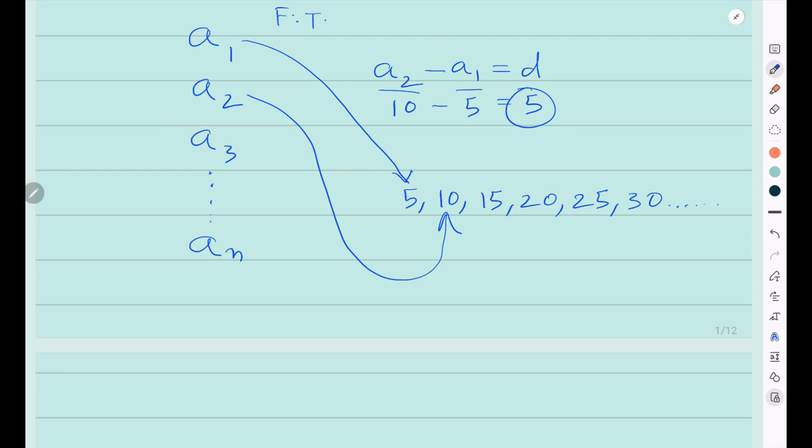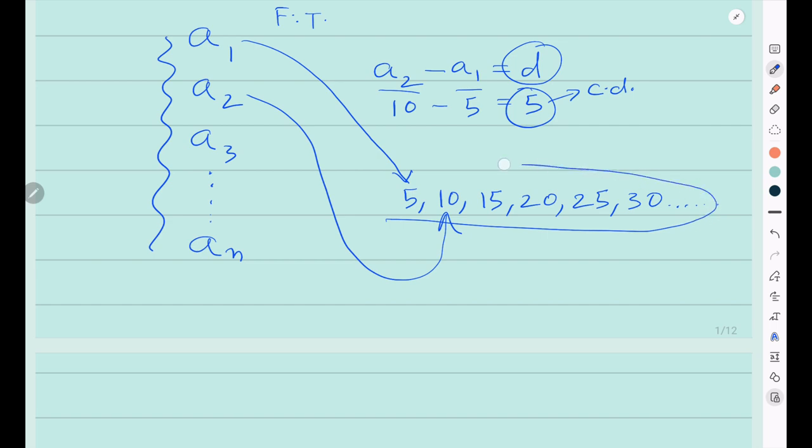So 5 is the common difference, usually denoted as d, and these are the terms. So can you say in this arithmetical progression what is a4? 1, 2, 3, 4. So a4 is 20.